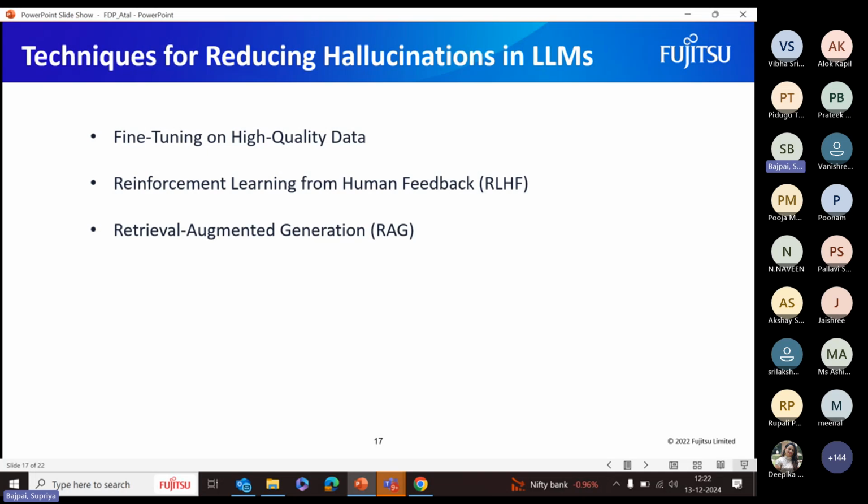Another is fine tuning. Reinforcement learning from human feedback is also very important, and fine tuning is also very important. First I'll explain fine tuning. This is when we pre-train a model and train it more on some specific task with reliable data.